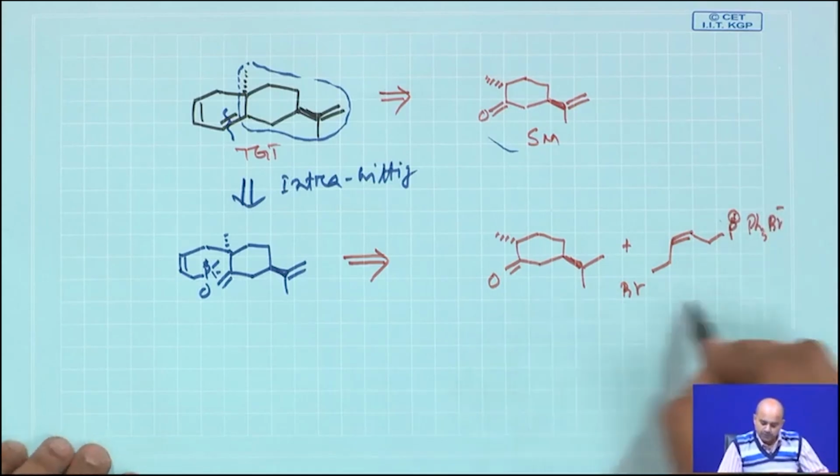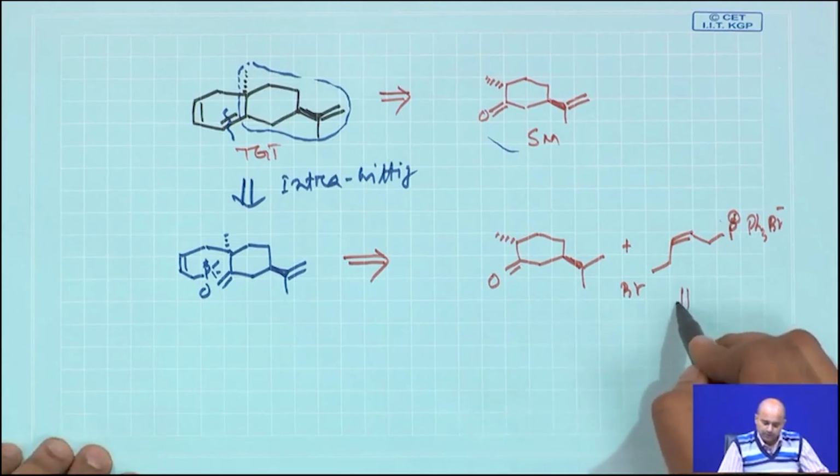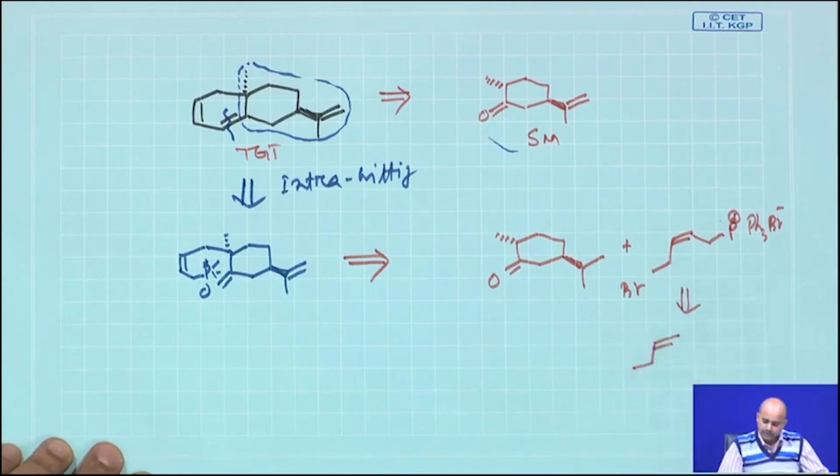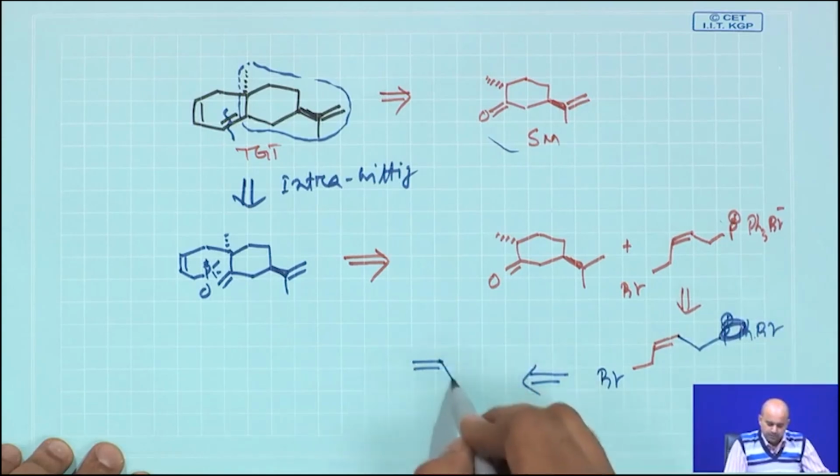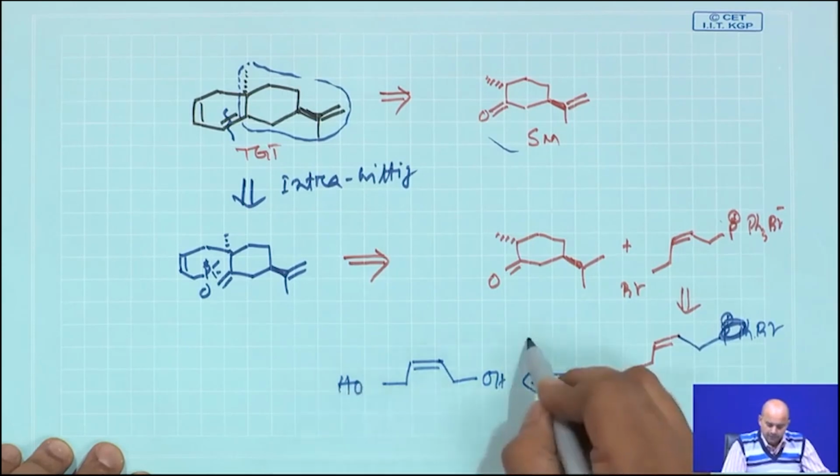This starting material is known to you, and you can make it from the corresponding compound, which you can easily make from this compound by an Appel reaction.